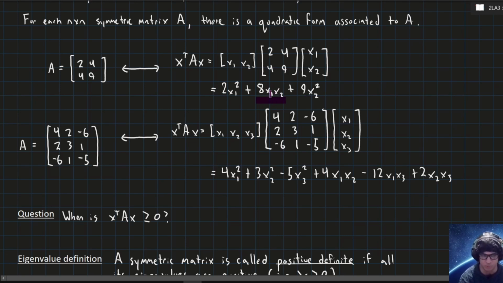If one of x1 and x2 is negative, then this part will be negative. The question is, is this part big enough that the negativity will exceed the positive parts here? It's not clear just by looking at this whether this will be true or not.